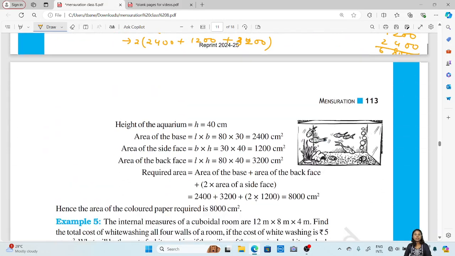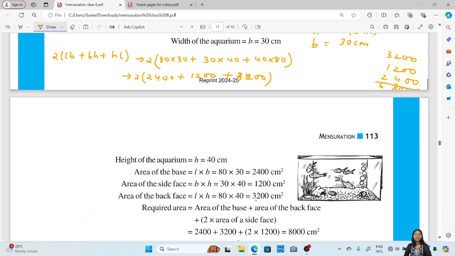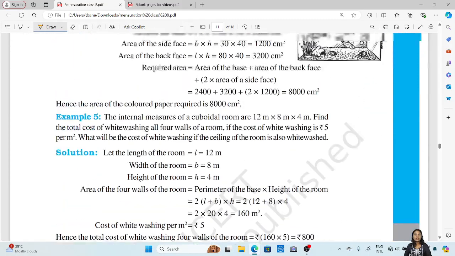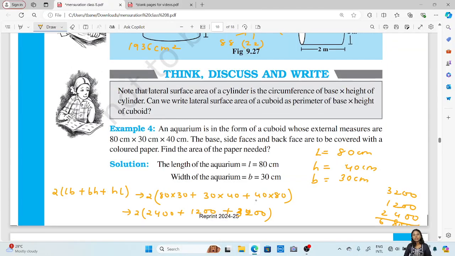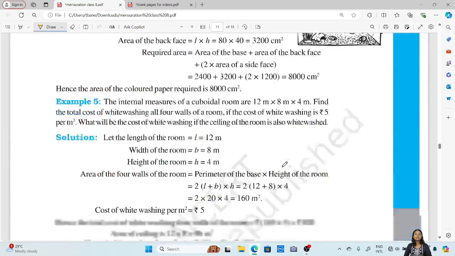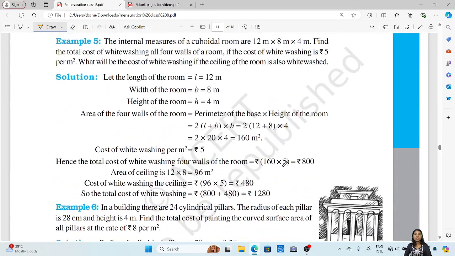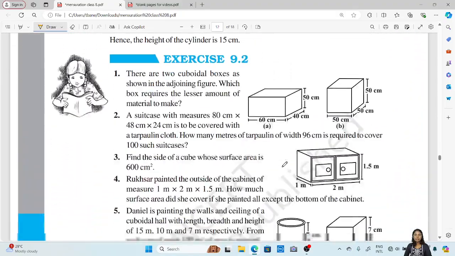Okay, 6800 is the required area, and then you have 6800 into 2, which is 13600. So that is the area of paper that you will need. So similarly we can solve the rest of these examples.